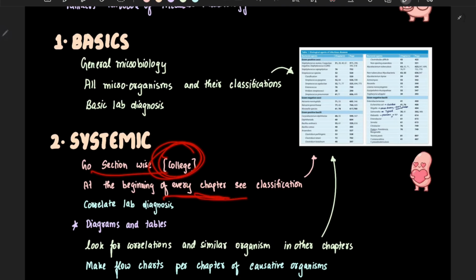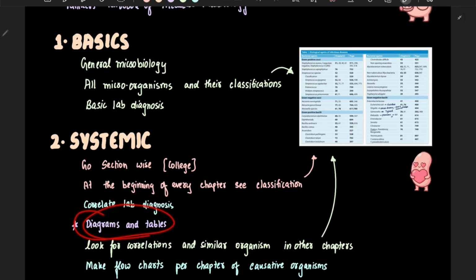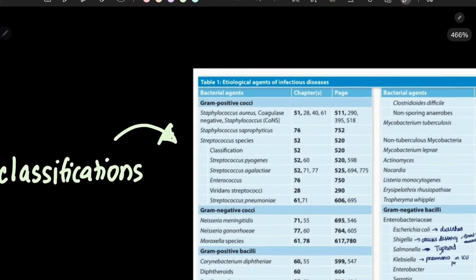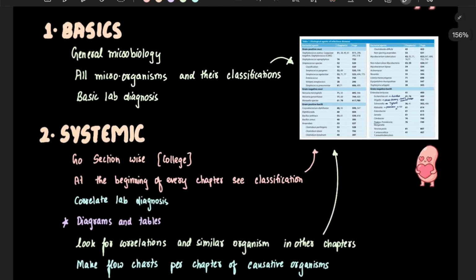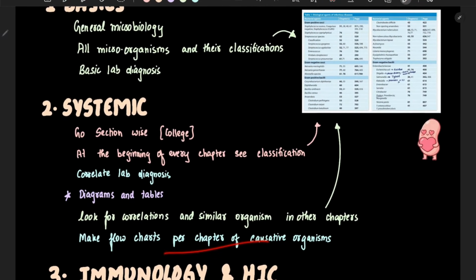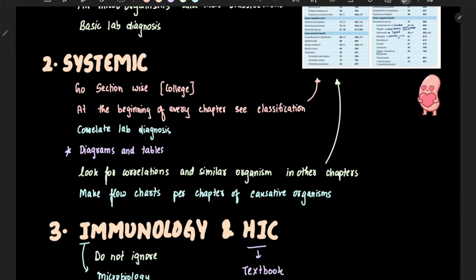At the beginning of every chapter, look at this classification, correlate different lab diagnoses of similar organisms, look at all the diagrams and tables, and look at the organism and which chapters it is occurring in, and at the end, make flowcharts per chapter of all the causative organisms.